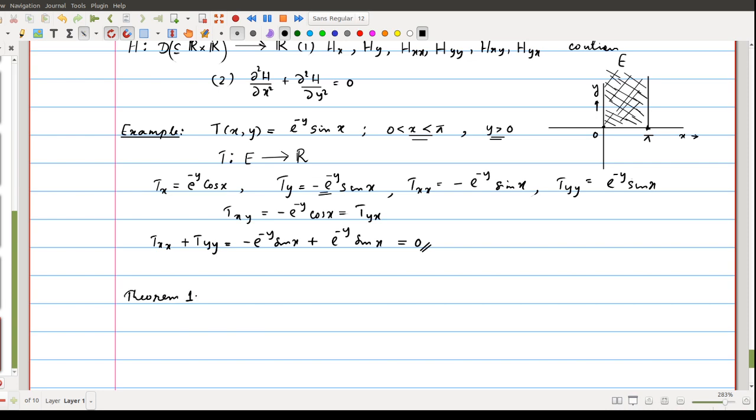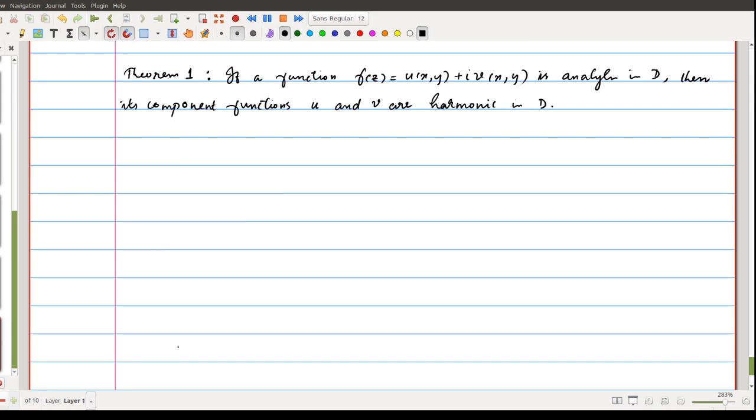Theorem 1 says that if a function f of z equal to u of xy plus i v of xy is analytic in D, then its component functions u and v are harmonic in D. That means if we consider f equal to u plus iv, since f is analytic, f is differentiable throughout that D.